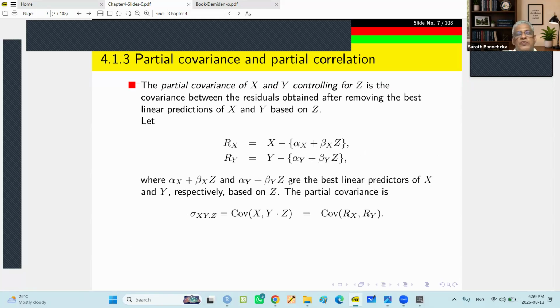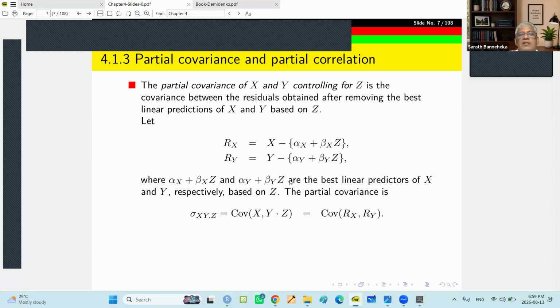Then the third type of covariance and correlation that we will consider here are the partial covariance of x and y controlling for z. That is the covariance between the residuals obtained after removing the best linear predictors of x and y based on z.